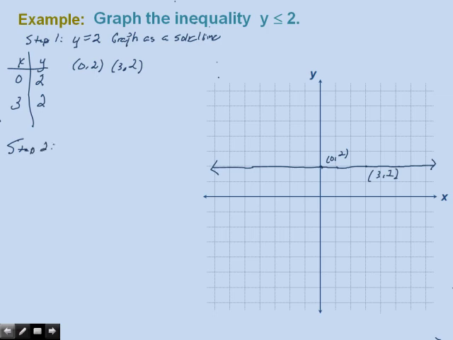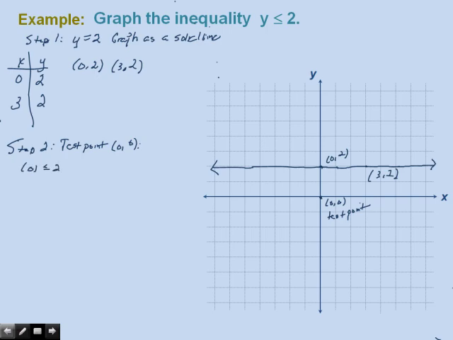Now for step 2, we're going to pick a test point that's not on that boundary line. And notice again, we don't have the origin on our boundary line, so we can use that as a test point again. So here's our test point. I'm plugging in 0 for x and 0 for y in our inequality. We don't have a place to plug in the x because there wasn't an x term in that inequality, but we can plug in 0 for the y.